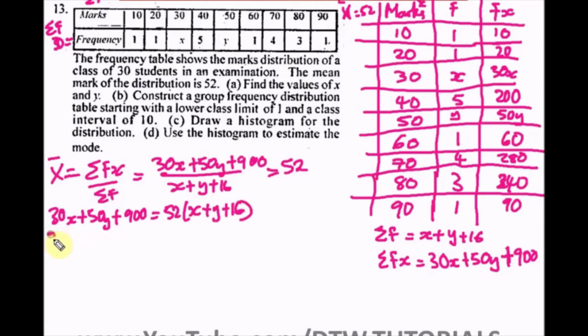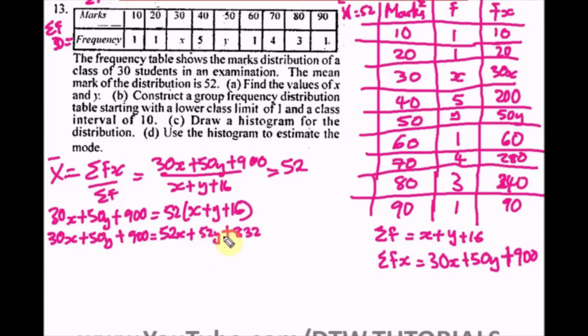Okay, so we have here 30x plus 50y plus 900. Opening the bracket, we have 52x plus 52y plus 52 times 16, which gives us 832.